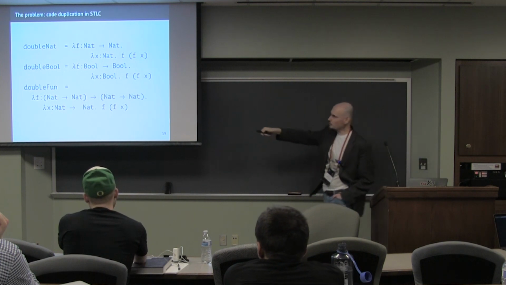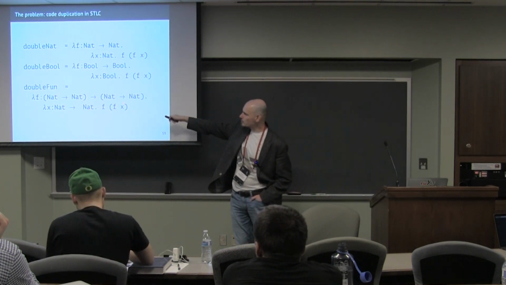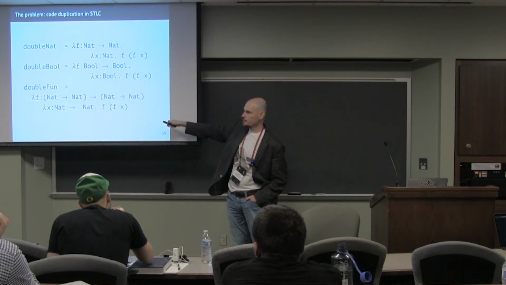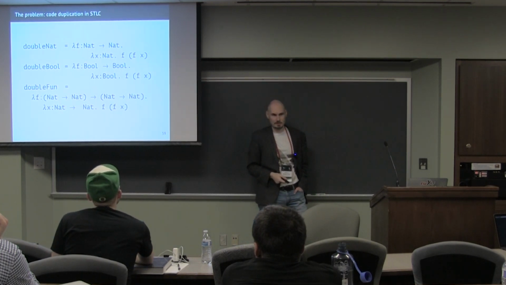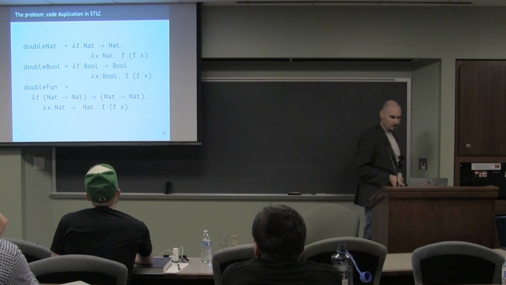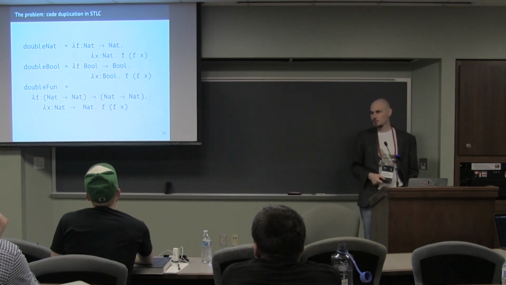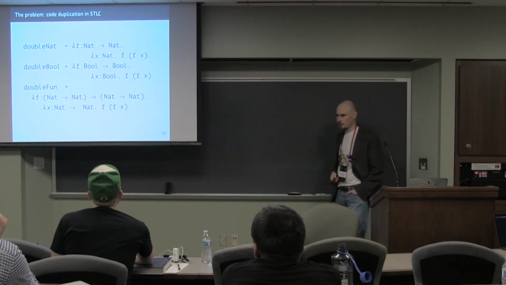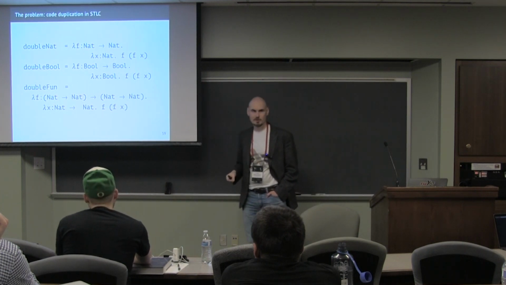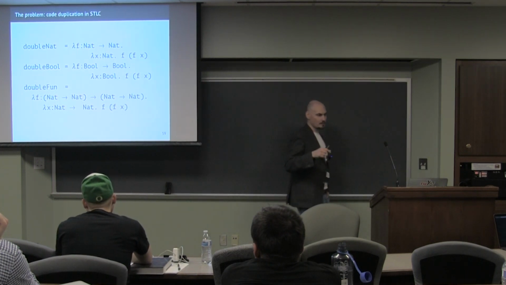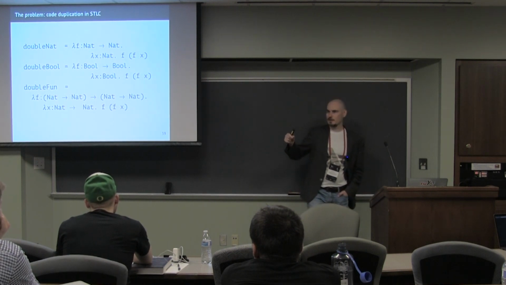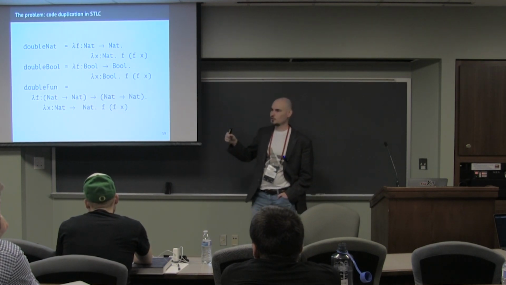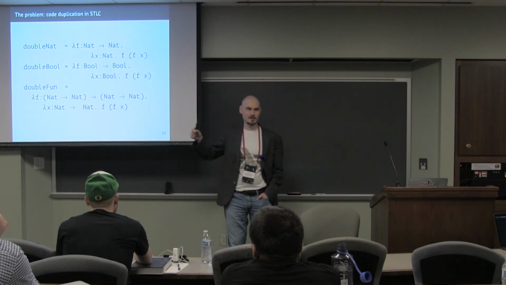And even this function has the same body, but the only difference between them is the difference in types. And it's not very convenient for a programming language like this one, where you have to duplicate code. So we'd like to have something different. We'd like to have one function and then use it for different types.